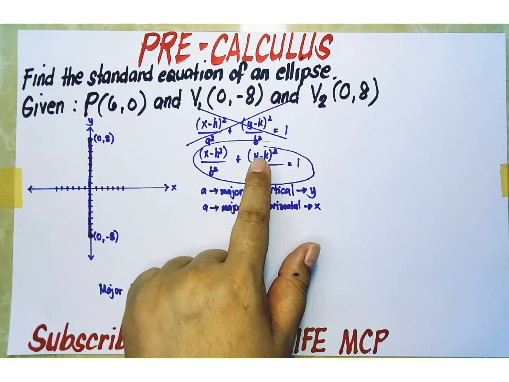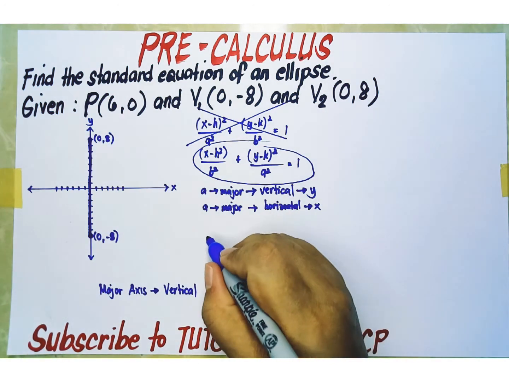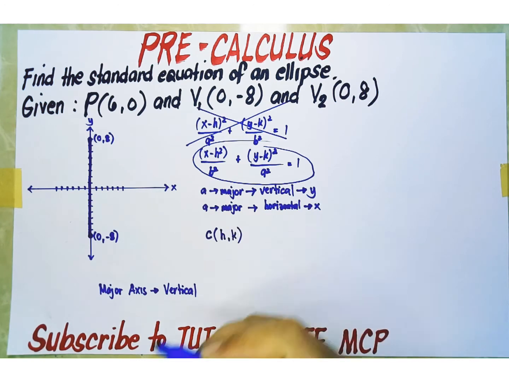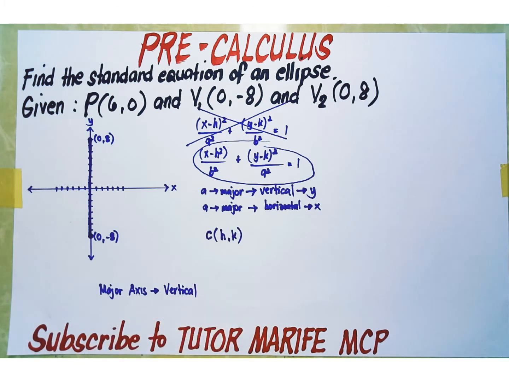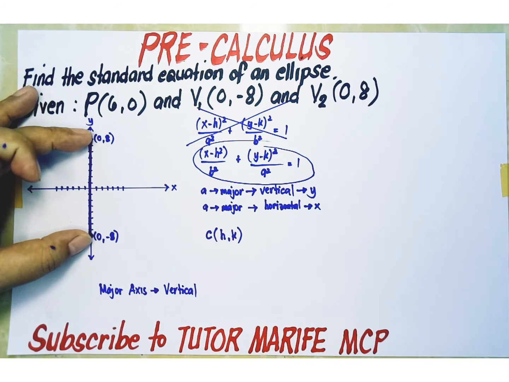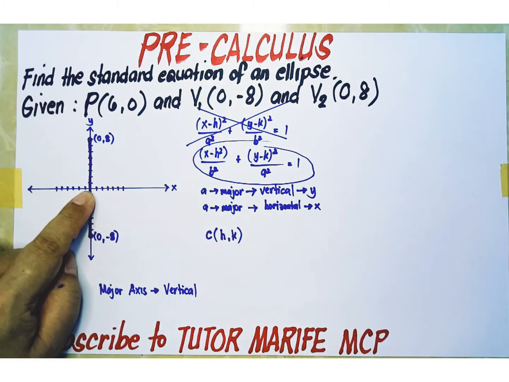Next, we need to know the center of the ellipse. The center of an ellipse is represented by (h, k). h is the x-coordinate of the center. k is the y-coordinate of the center. The center of an ellipse is the midpoint of the major axis. This is our major axis. Obviously, the midpoint of this line segment is at the origin, at (0, 0).